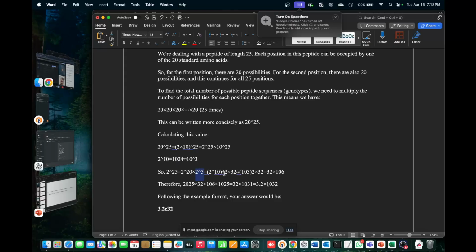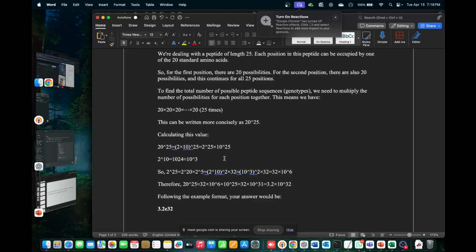So this becomes (10 to the power 3) whole squared into 32, which is 32 into 10 to the power 6. Therefore, 20 to the power 25 will be 32 into 10 to the power 6 into 10 to the power 25, which is 32 into 10 to the power 31, which is 3.2 into 10 to the power 32.